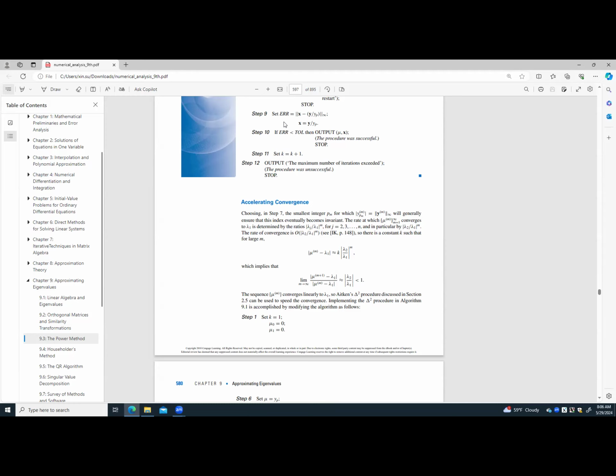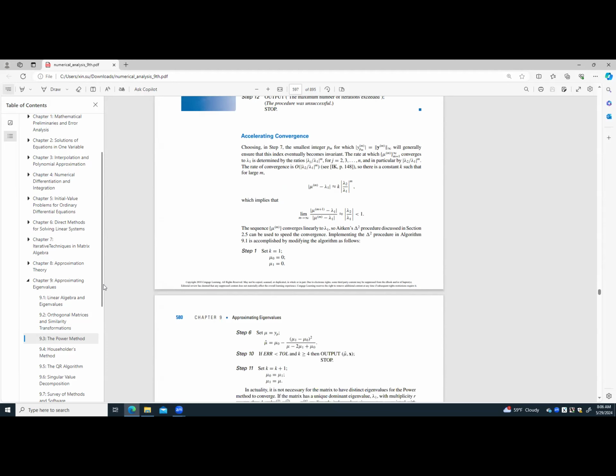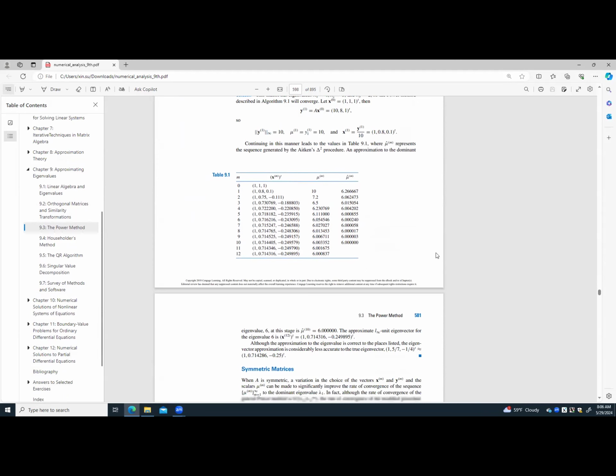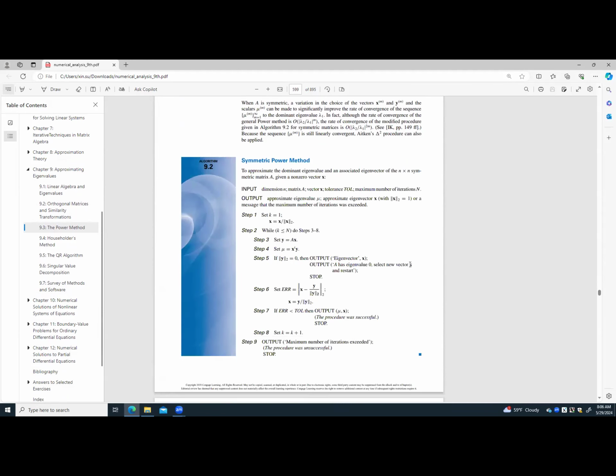And the second part is about the symmetric power method, and the inverse power method.